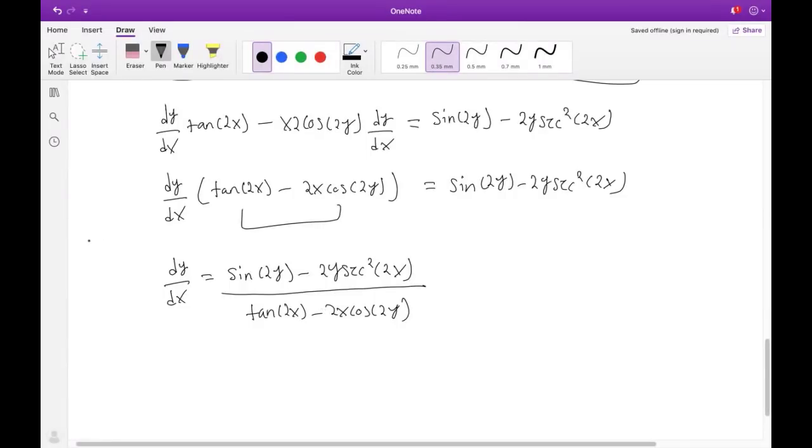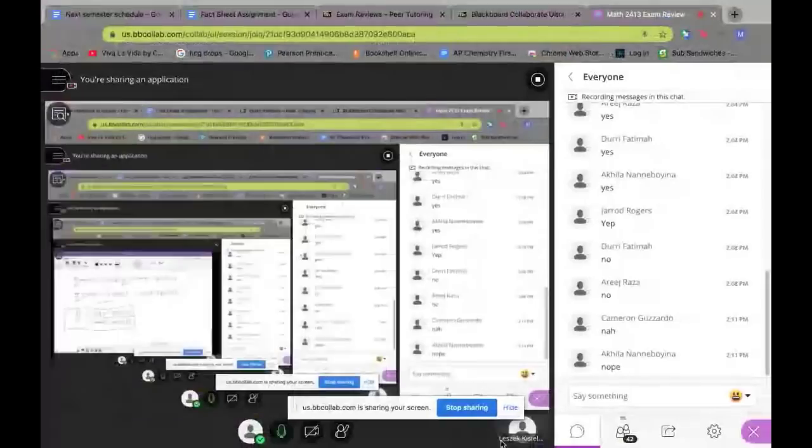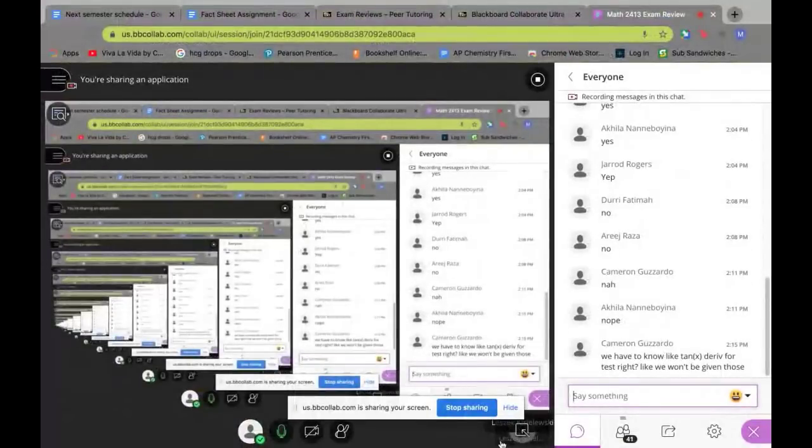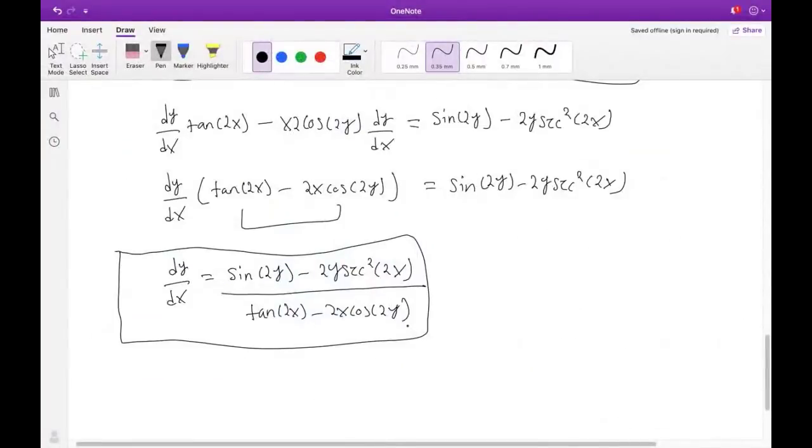And so this would be what your final answer for dy over dx is. Yeah, so you're going to need to know all the trig derivatives and arc trig derivatives also. It won't be given on your exam.